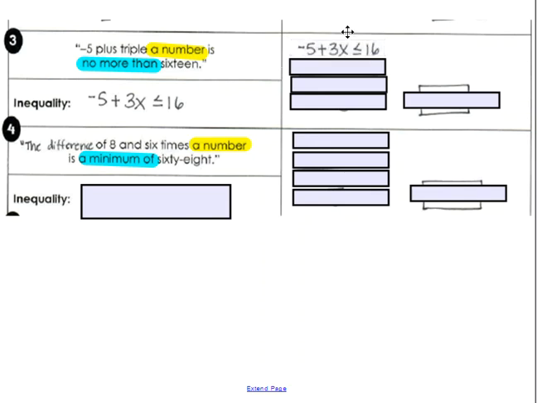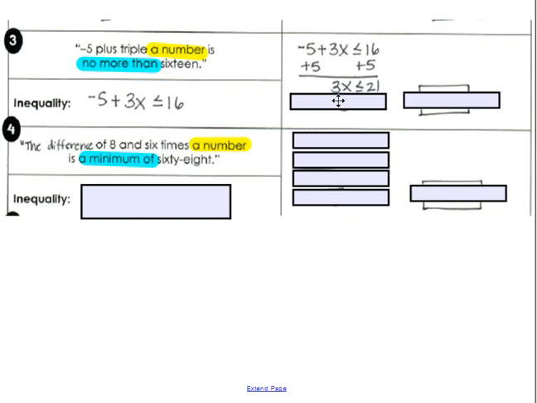We rewrite it first, and then we start working our way through. We want to get rid of the negative 5, so we add 5 to both sides. These will cancel out, and these will result in 21. So we really have 3x is less than or equal to 21.